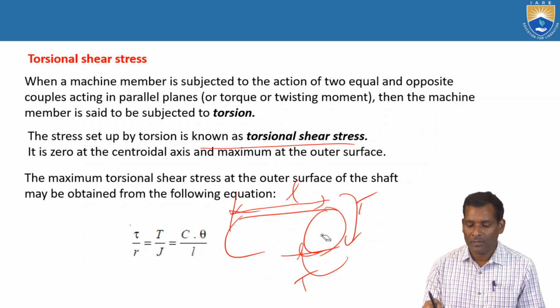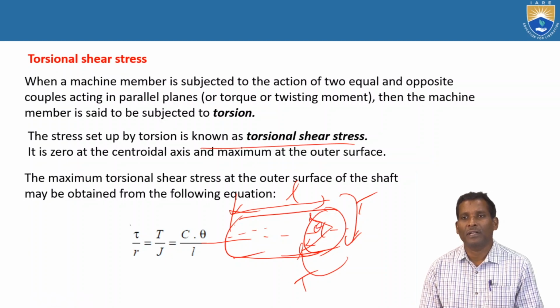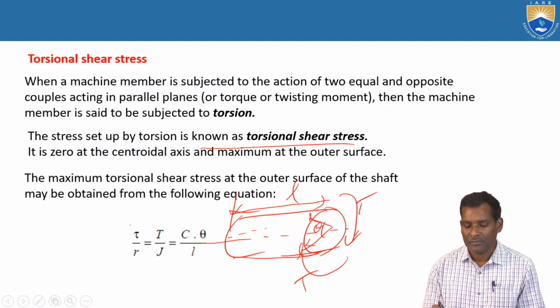Due to this torque, a twisting moment will occur. That is the twisting angle.